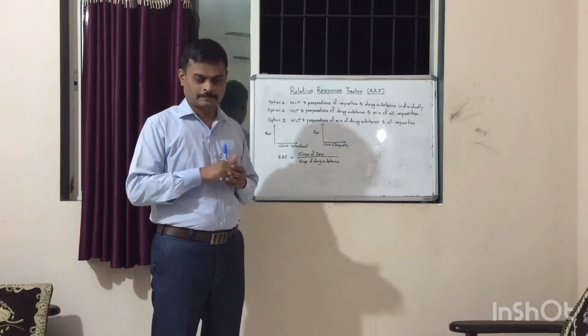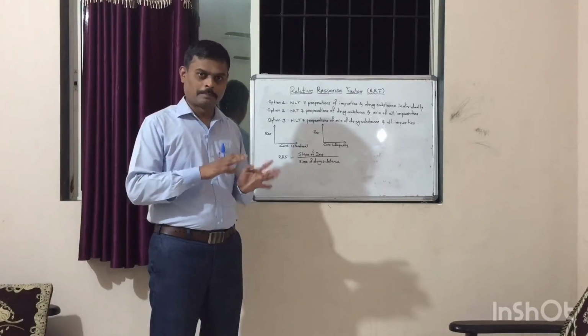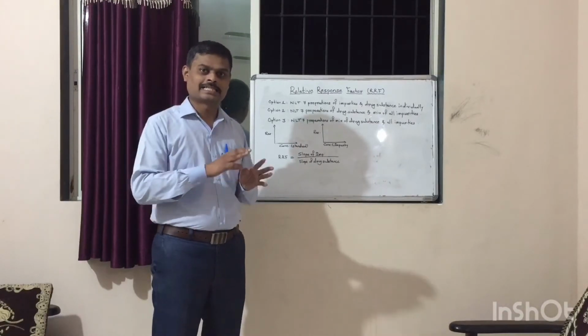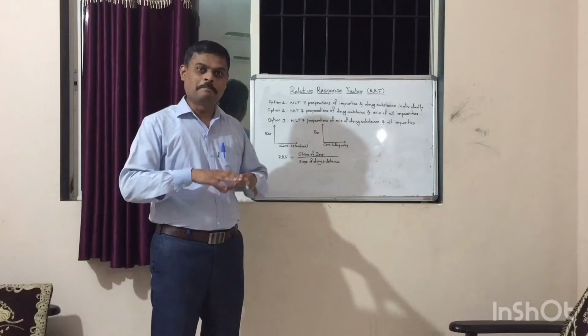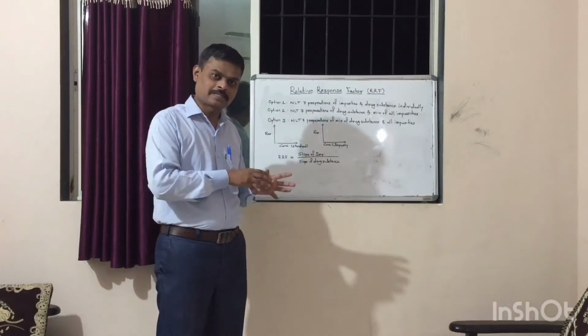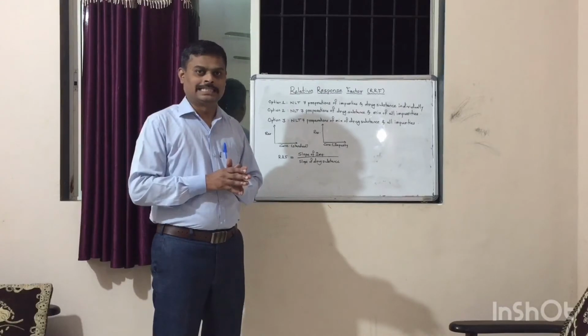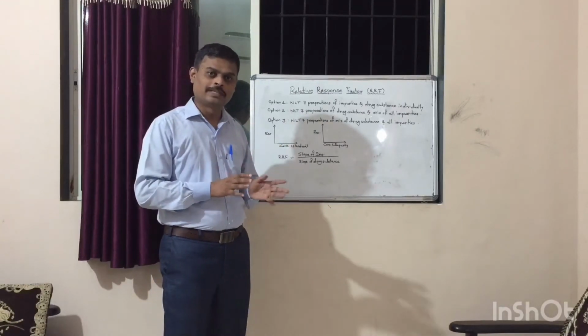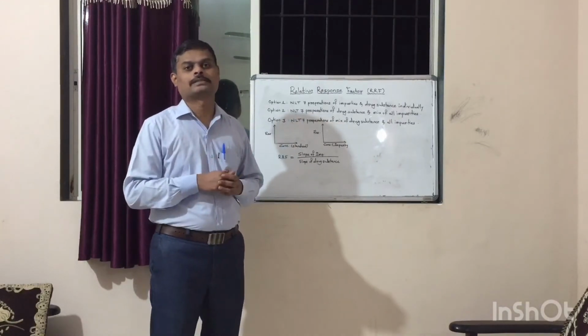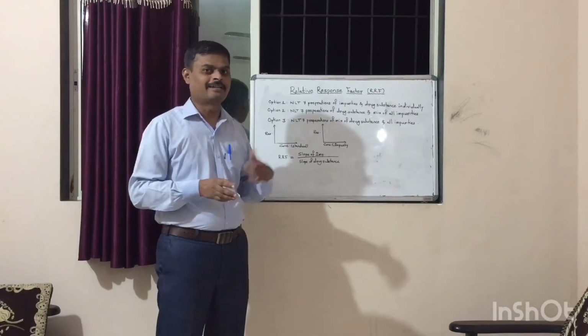Option 3 includes: prepare not less than 7 preparations of a mixture of drug substance and all impurities. This is also applicable when there are no mutually interfering peaks within the impurities and drug substance.